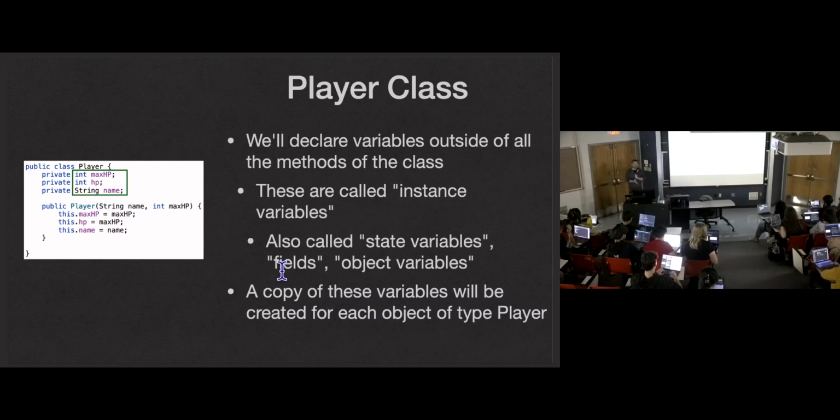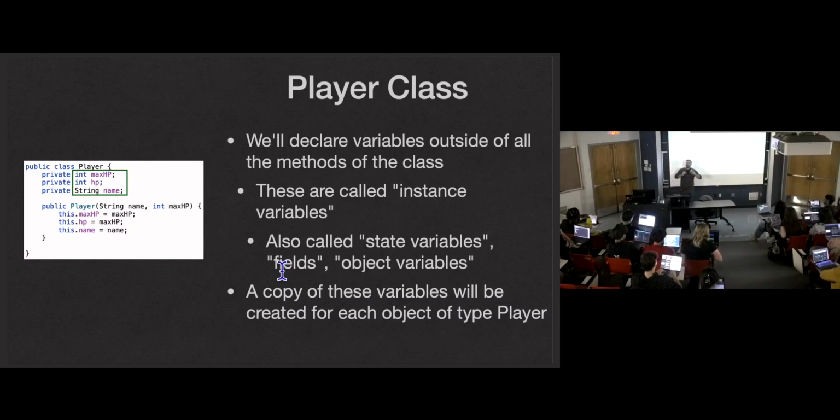Spoilers, I guess. But these are what are called instance variables, and these variables will be created for every single object of this type. So whenever we create a player object, we're going to create that object on the heap, and it's going to get copies of these 3 variables. So every single player object will have its own copy of these 3 variables.